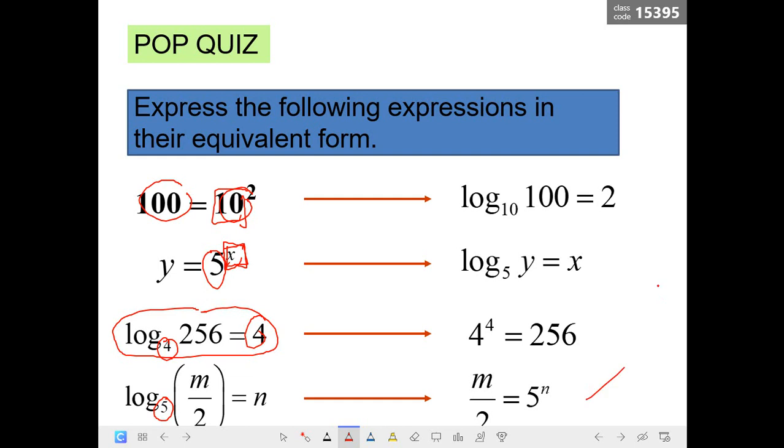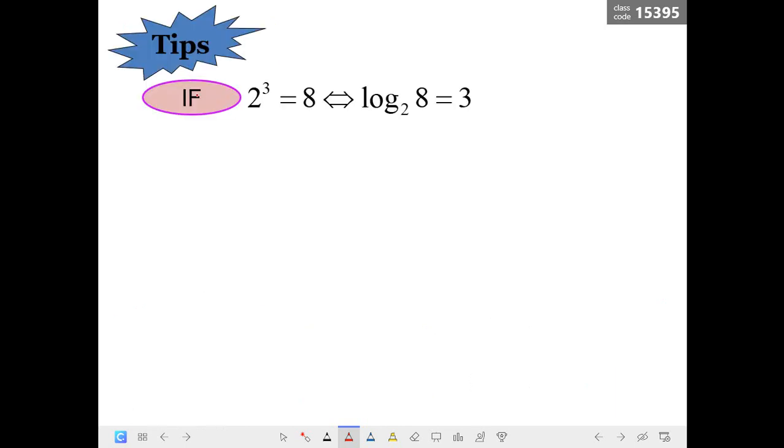Tips. If 2 cubed is equal to 8, it implies that log 8 to the base 2 is equal to 3.